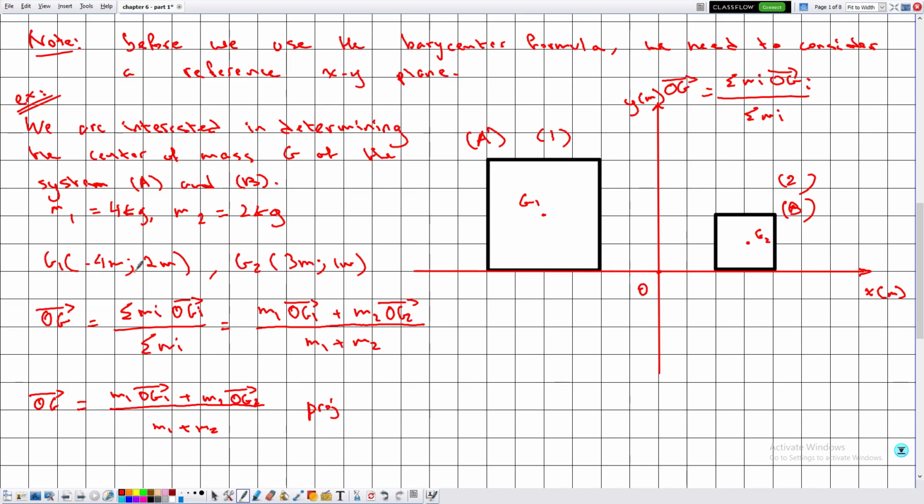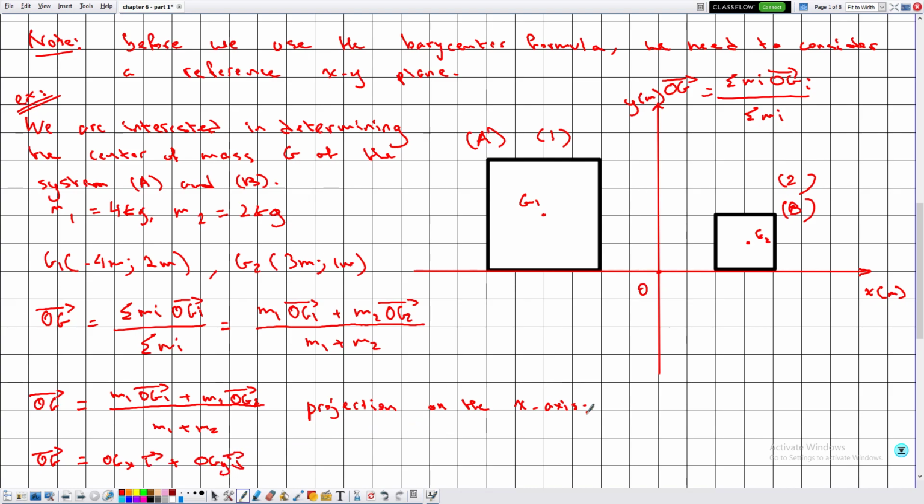The second step is to locate the coordinates of the centers of gravity of the different bodies. Now let's perform projection on the x-axis. Then this formula, okay, OG vector can be written as OGx i plus OGy j.